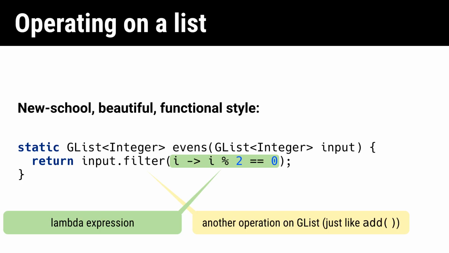So that's a function that takes an integer in, a boolean out. And filter is just another operation on a list. Just like we can add to a list and get another list, well, we can filter a list and get another list. This is how we're going to be doing stuff all semester long.